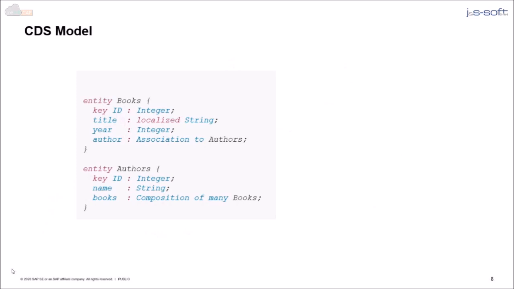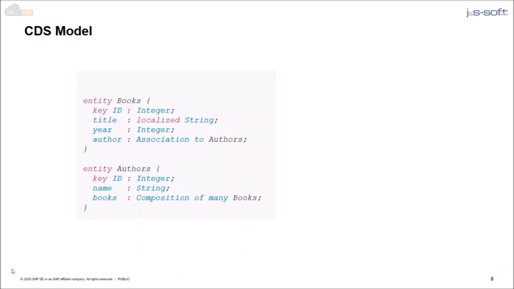And if you look at the authors entity, you can also see that authors is composed of a number of books. And of course, an author has a number of books which he or she has written. And this composition is a composition to many in this case. And this is my running example.